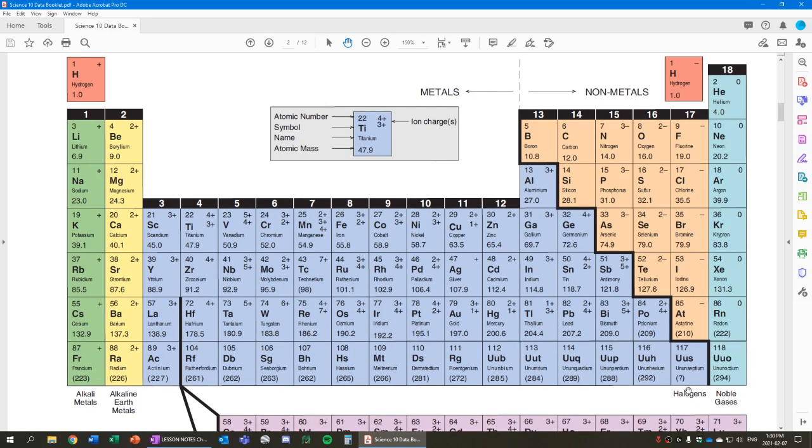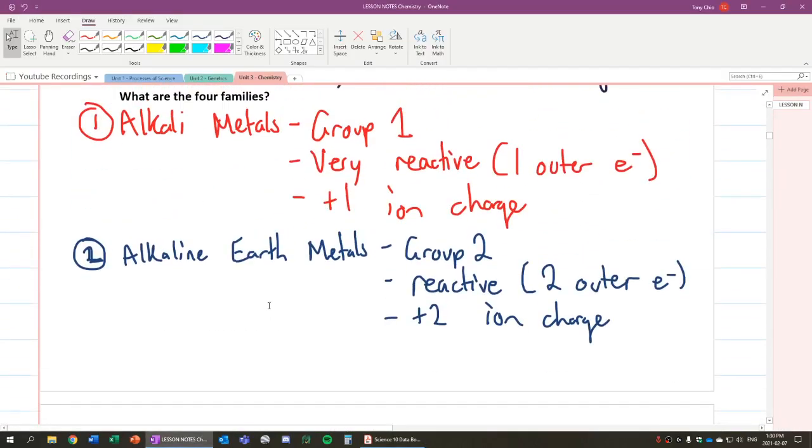Then for our next family, we have to go all the way across to right here. We have our halogens. Our halogens are our third family, and they are group 17.